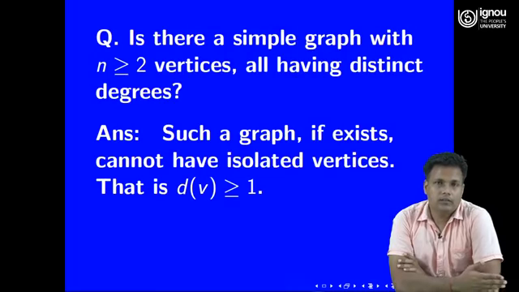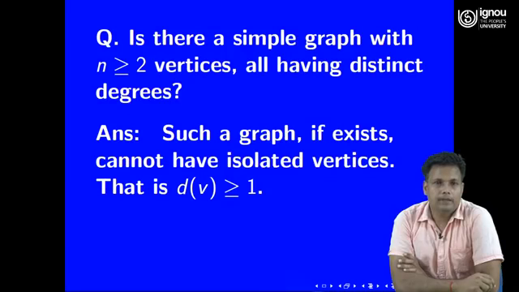Here we have n minus 2 degrees and n minus 1 vertices, so some vertices must get equal degree, which is not possible. So the graph cannot have isolated vertices.